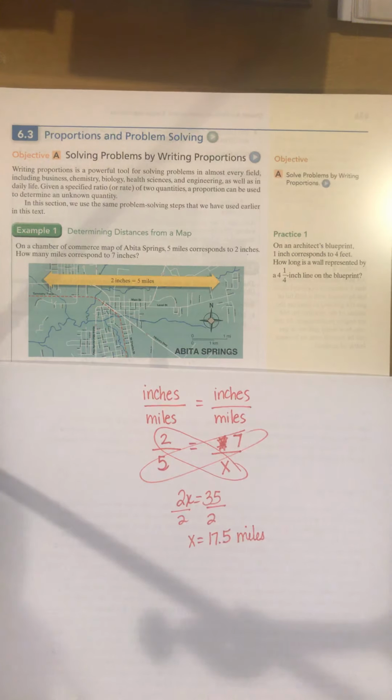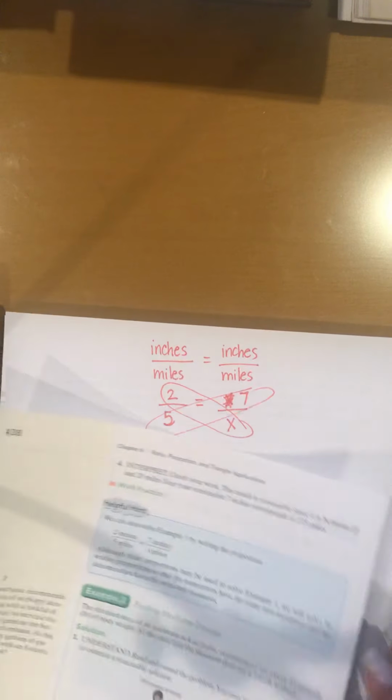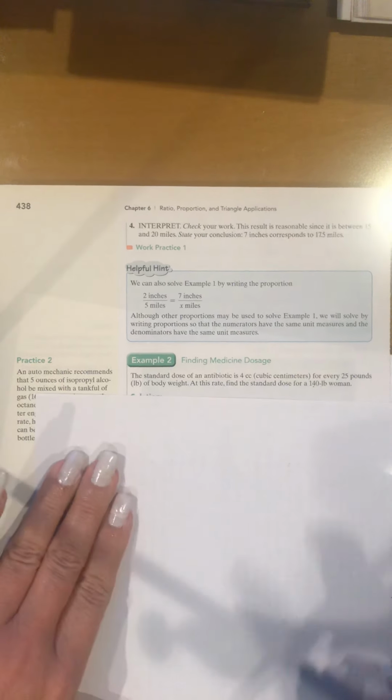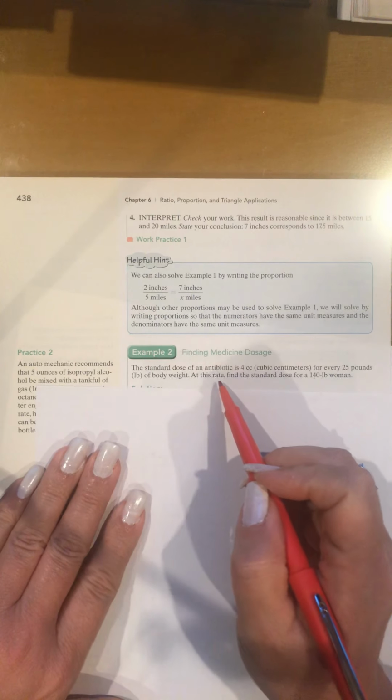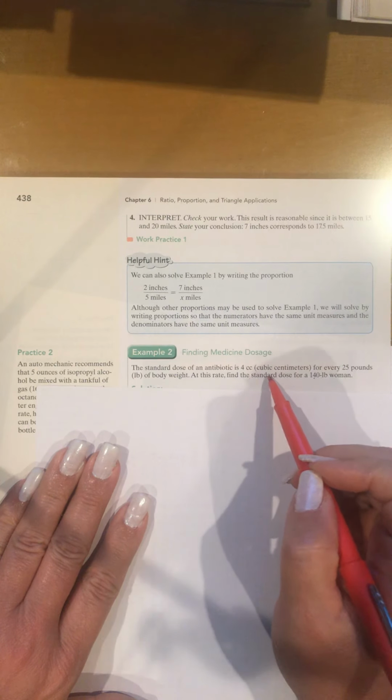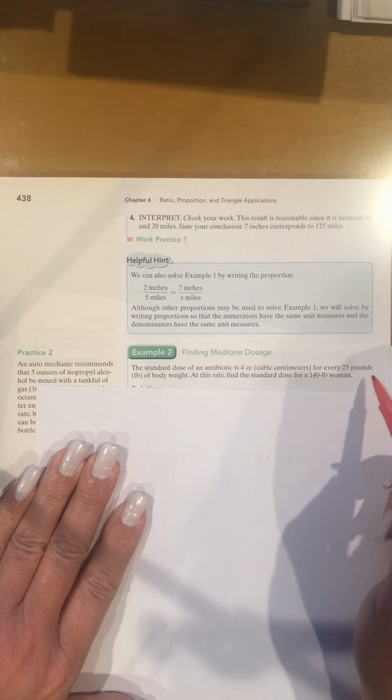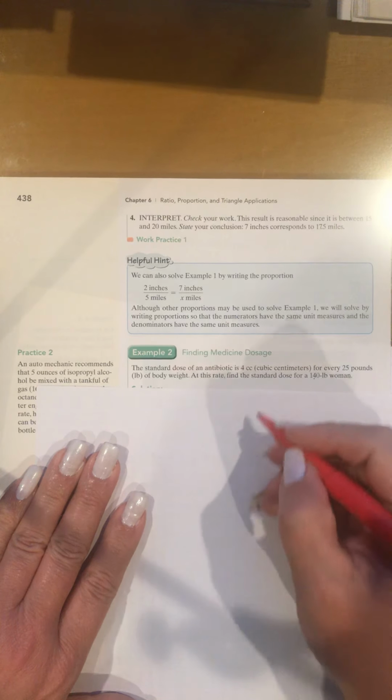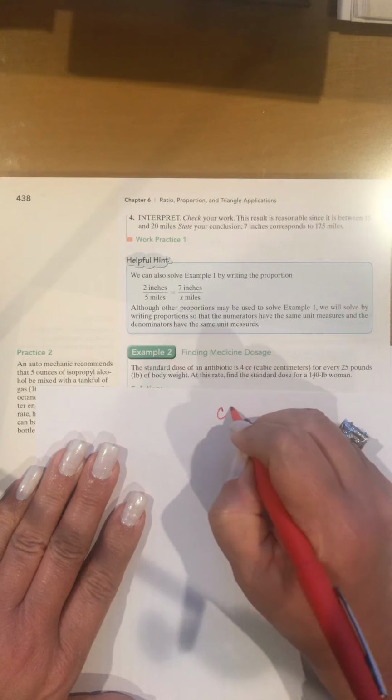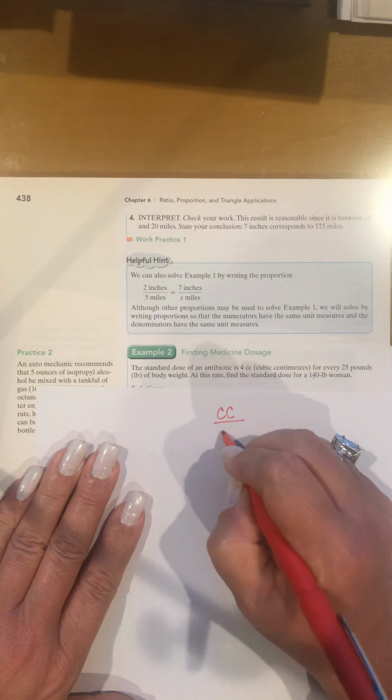Okay? Our next example, we are talking about an antibiotic, and it says the standard dose of an antibiotic is 4 cc, cubic centimeters, for every 25 pounds of body weight. So we're comparing cc's to pounds.